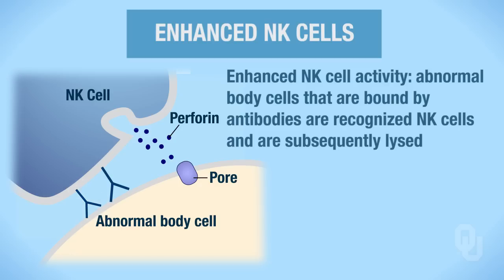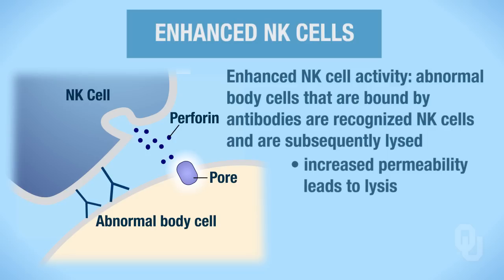So when it's marking it for death, the natural killer cell will release a chemical that you're very familiar with, called perforins. And when the natural killer cell releases perforins, that creates a pore or a hole in the membrane of the abnormal cell. We know from earlier that if you create a hole in the membrane, you have increased permeability. In come the ions, in comes water, in comes all sorts of goodies, and the abnormal cell will lyse.